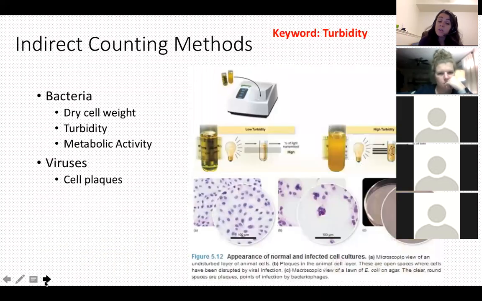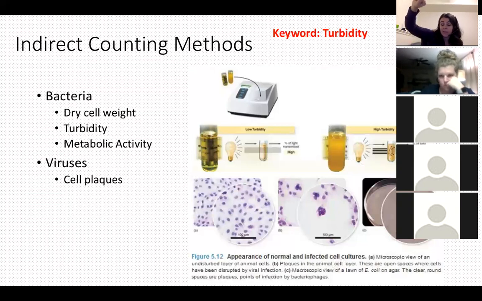We can also use indirect methods to get an idea of how many bacteria we're dealing with. And so our keyword for tonight is turbidity, if you want to write it down. Three of the most common ways that we can do that are, one, through dry cell weight. So if we took our liquid culture and stuck it in a centrifuge, it's going to spin really fast and pull all our bacterial cells down to the bottom of our tube.